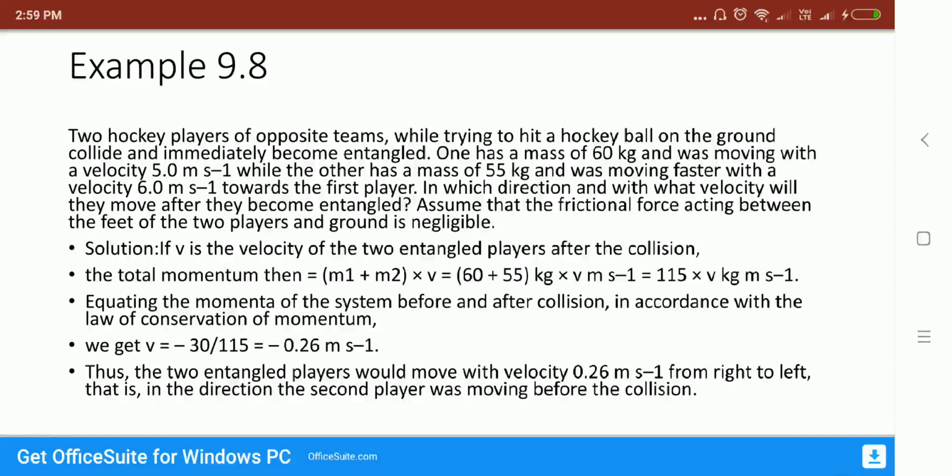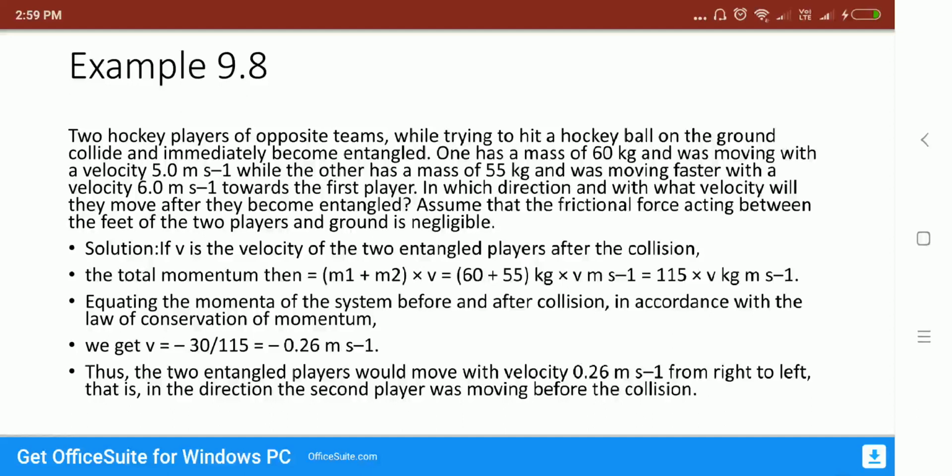In which direction and with what velocity will they move after they become entangled? Assume that the frictional force between the feet of the two players and the ground is negligible.